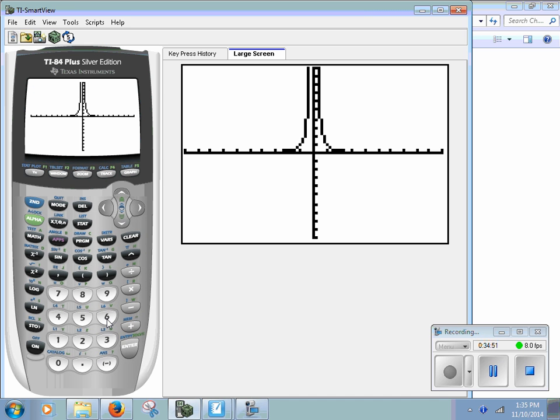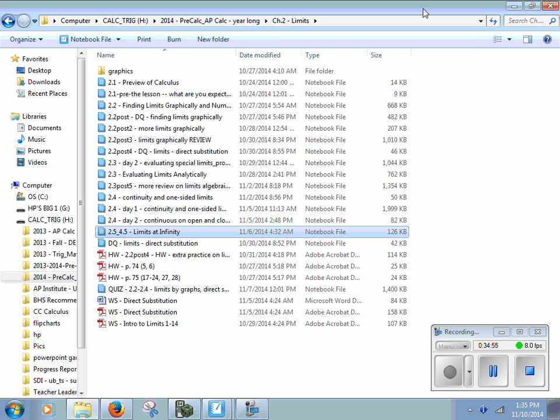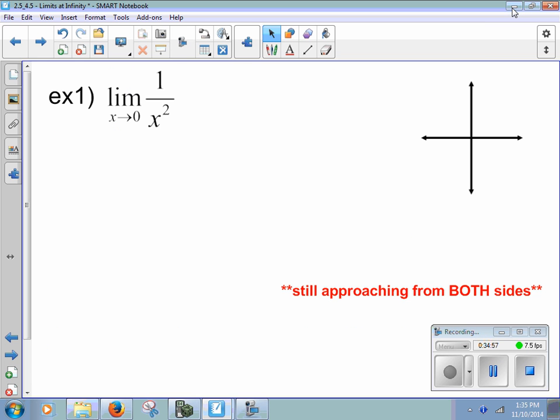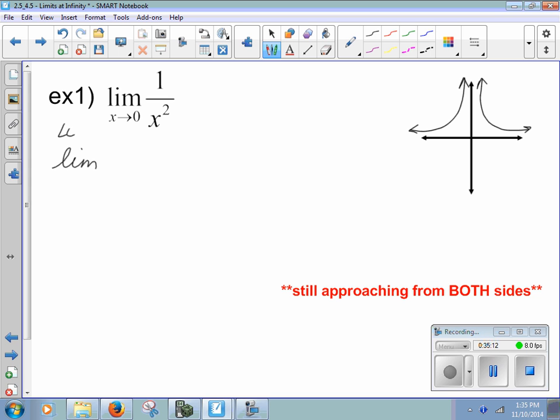Look at that picture. Do you see where they're both approaching? Positive infinity. It's going up like this and up like that. Now, here's the thing: we have to look at the limit as it approaches from the left. How do I denote that?